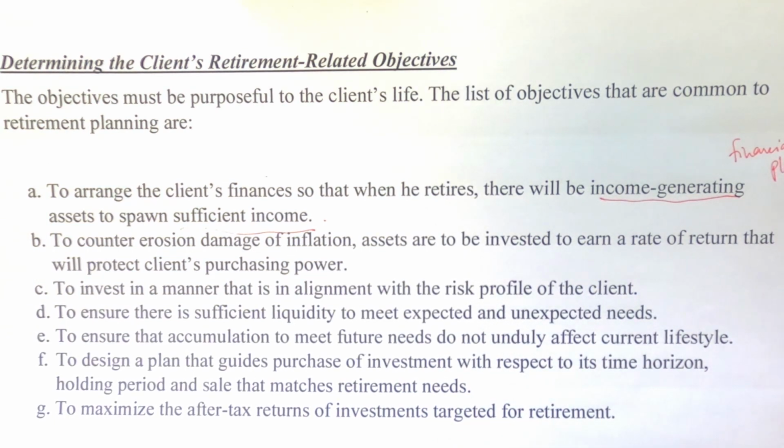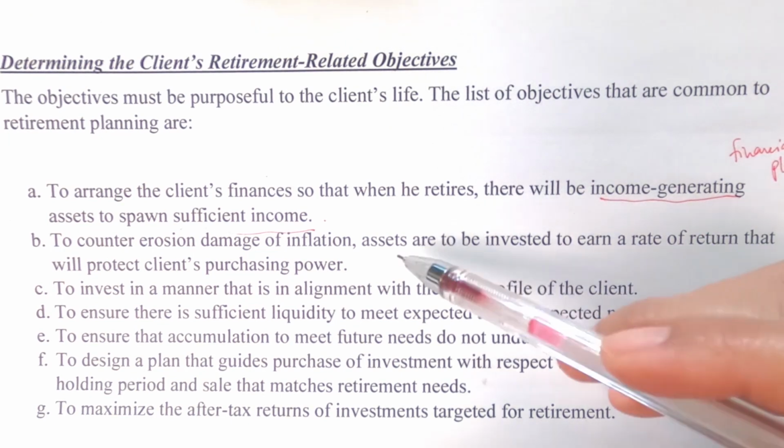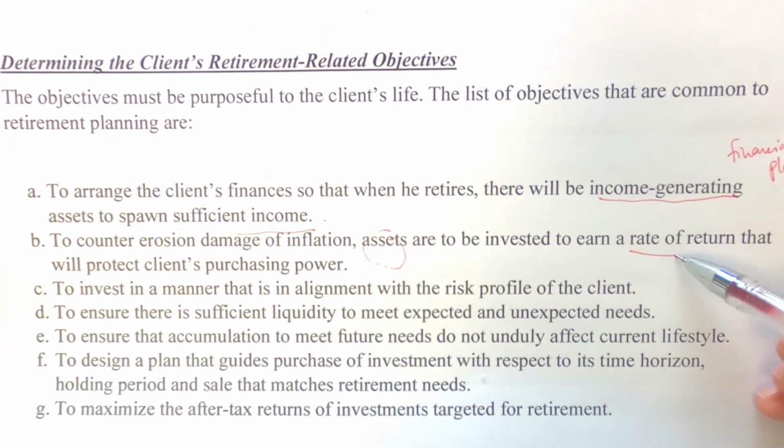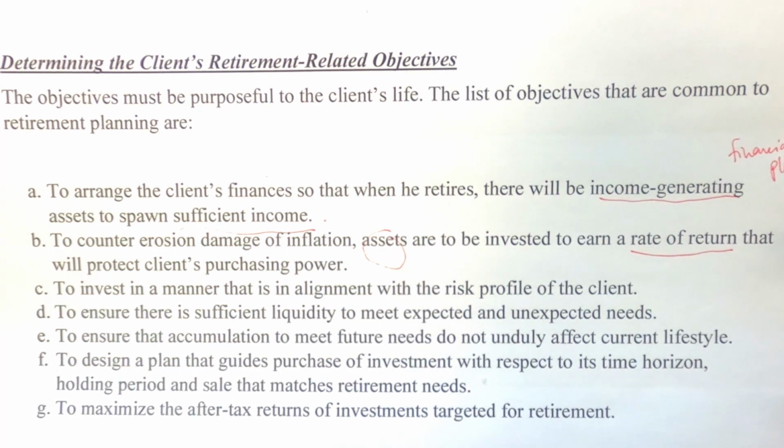I mean that we make sure that the clients have enough or sufficient funds to cater for their expenses during the retirement period. Other things include how we can preserve the assets that have been accumulated, to earn a rate of return that will protect the clients' purchasing power.